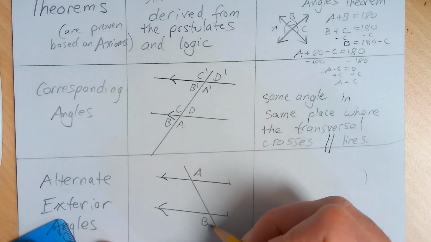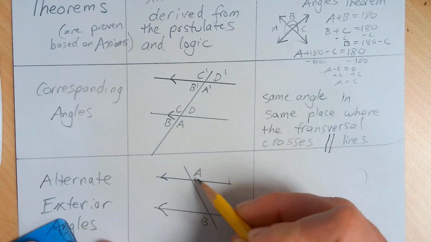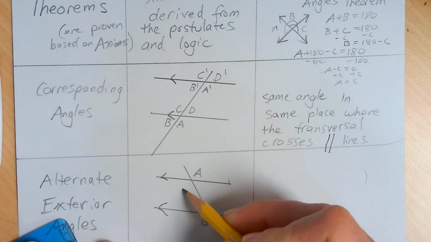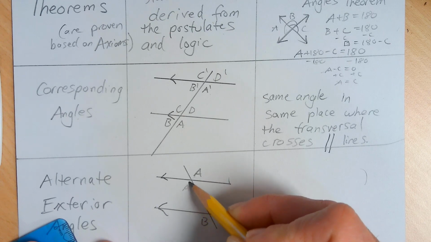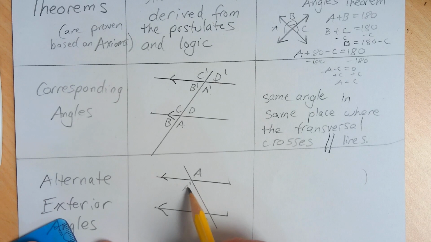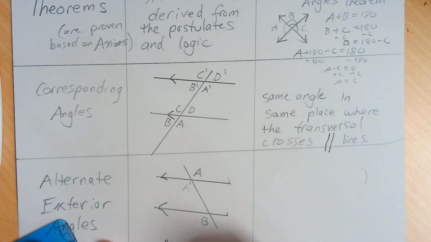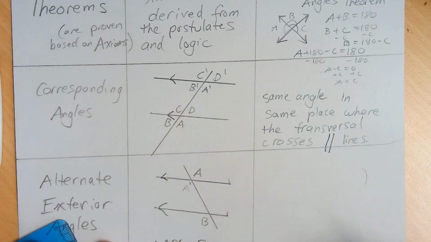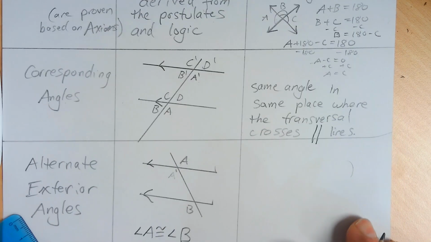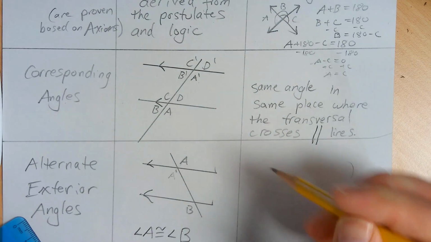A and B, you can trace this. You can take this over here to A prime is vertical, so it's congruent, and then now they're corresponding, so they're congruent. So I'm going to put angle A is congruent to angle B. Those are alternate exterior angles. Why are they exterior?